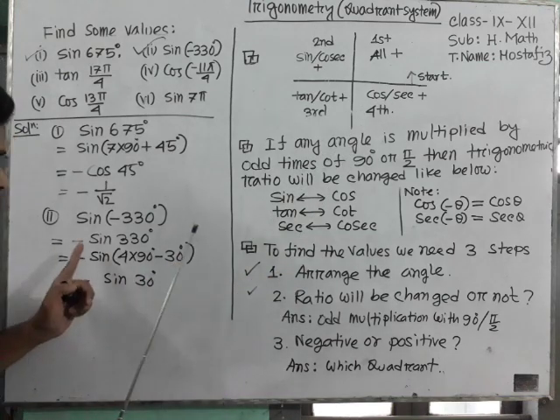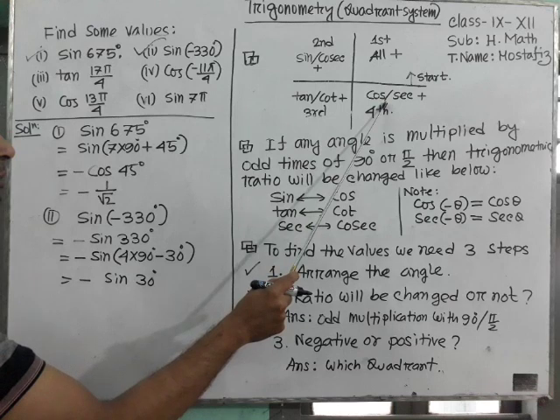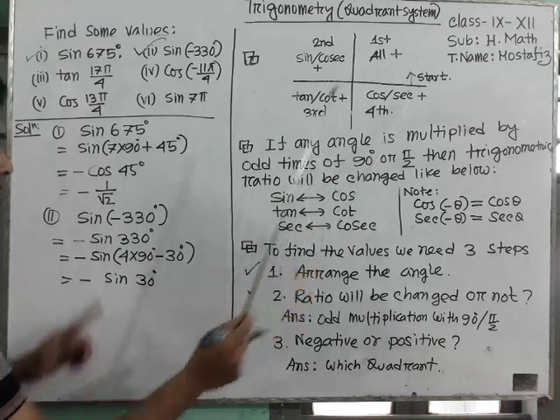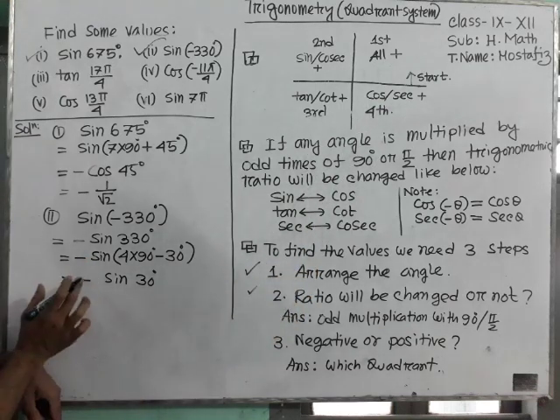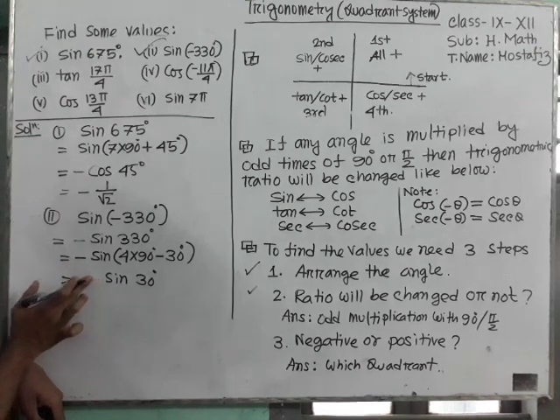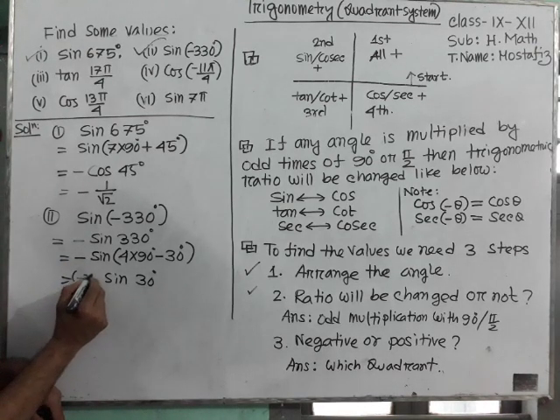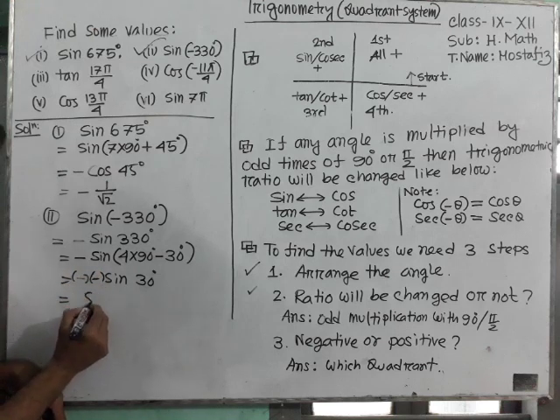Sine has come to the fourth quadrant, but the fourth quadrant is for cos and sec, so sine will be negative, but here you have been given a negative, so you will get another negative. Negative and negative will be positive, so it will be sine 30 degree, which is 1 by 2.